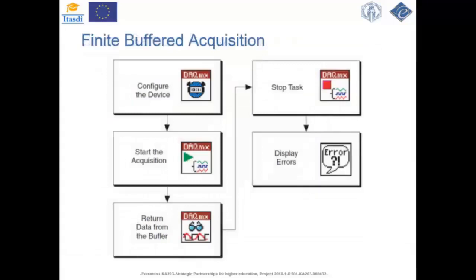And we're going to go on now to the finite buffered acquisition, which is a technique that we want to use in order to prevent timing issues, because the LabVIEW software runs on an operating system, most often Windows, which does have some issues when considering really precise timing, especially if we're talking about periods less than a couple of milliseconds.